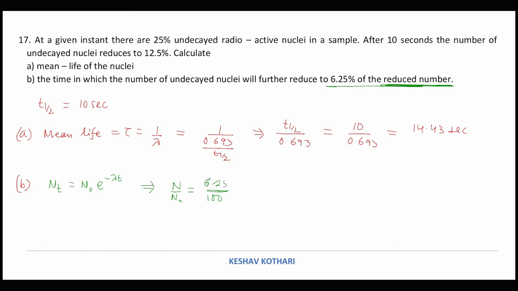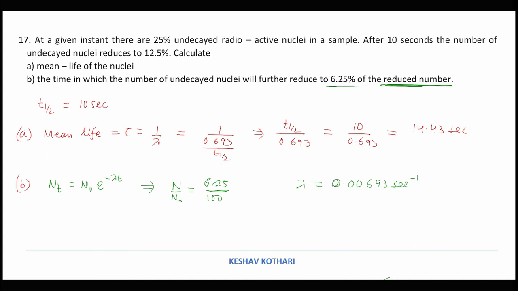So this is going to be 6.25% of the reduced number, and we are using the value of lambda as 0.0693 second to the power minus 1. So this is the value of lambda we are using.